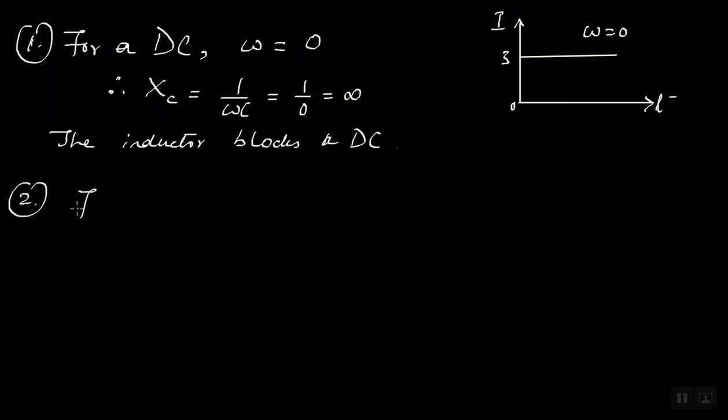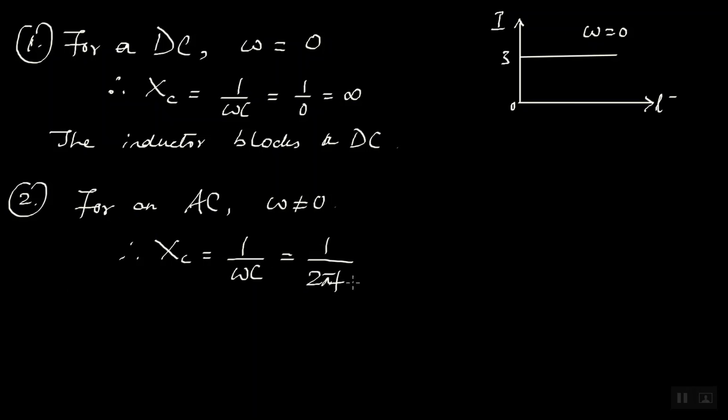Okay. Second, for an AC, omega is not equal to 0. So obviously, since omega is not equal to 0, this will not be infinite. Got it? So it will not be infinite like this. We can write, but what is omega? Omega is 2 pi f.